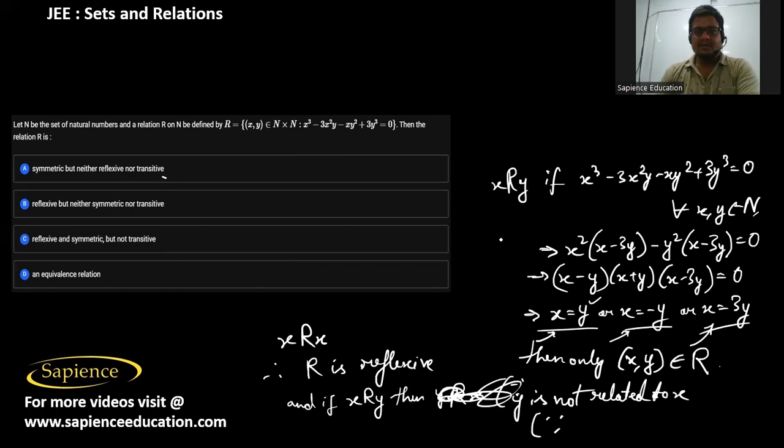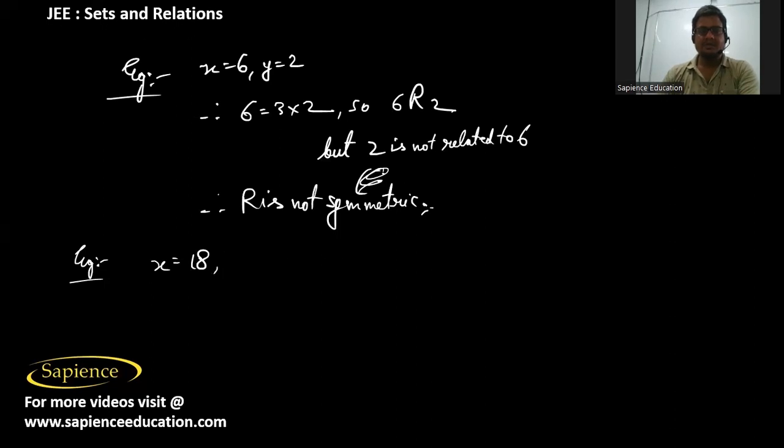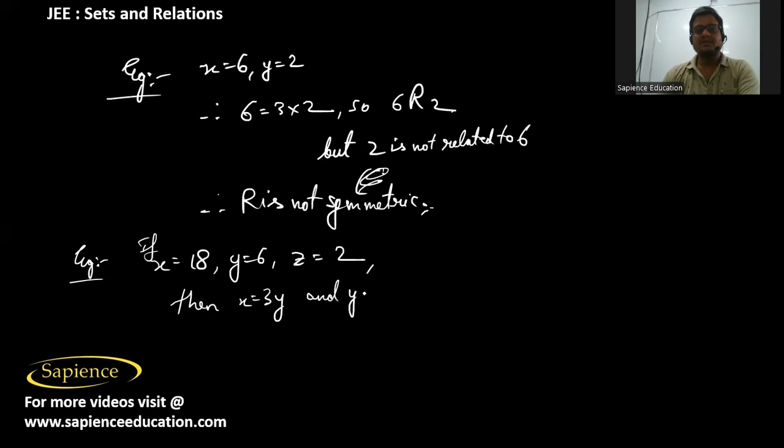Since here x and y should be natural numbers only, if x is equal to 18, y equal to 6, and z equal to suppose 2, then we can say that x equals 3y and y also equals 3z. So it means that x is related to y and y is also related to z.